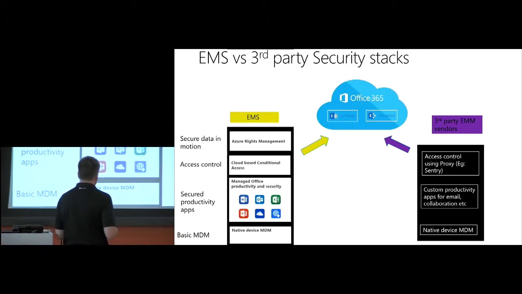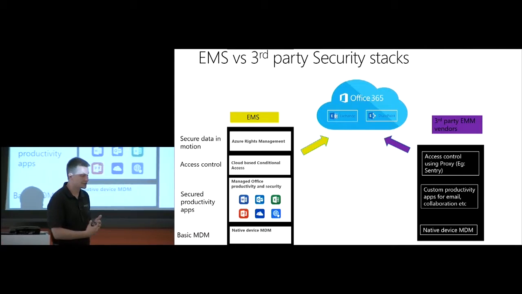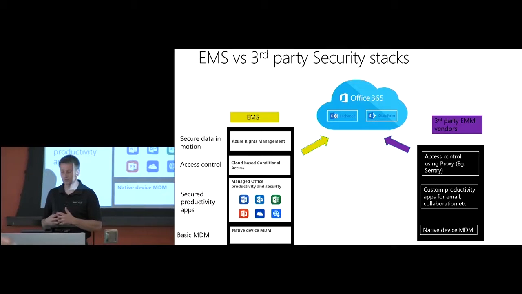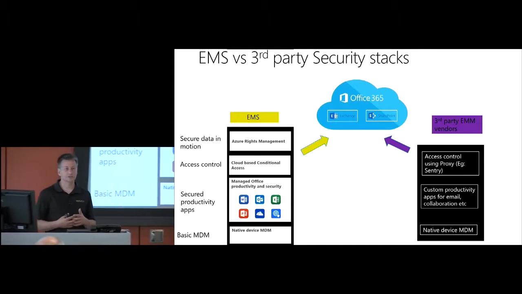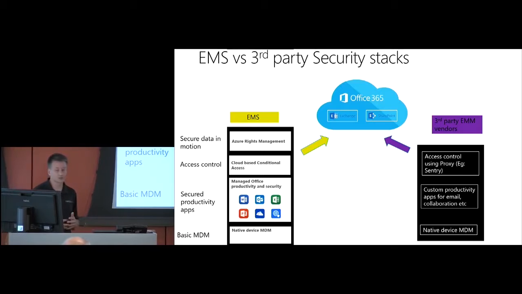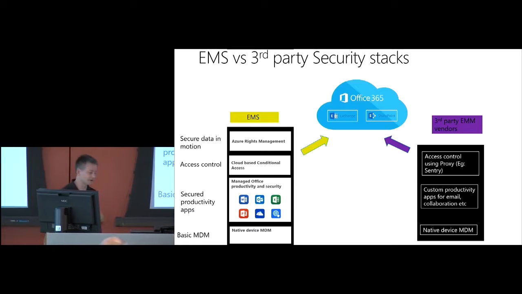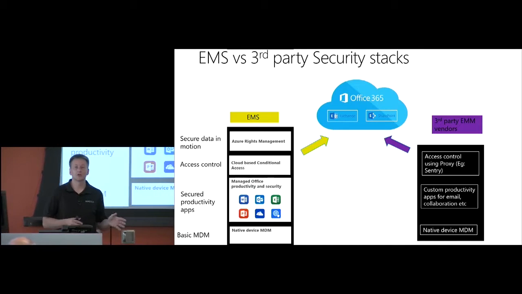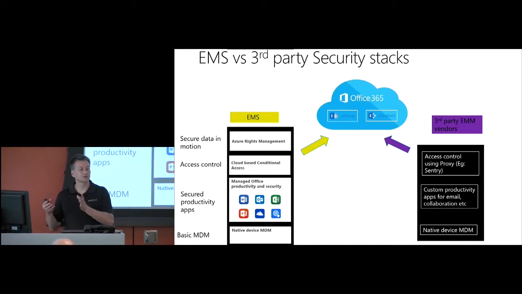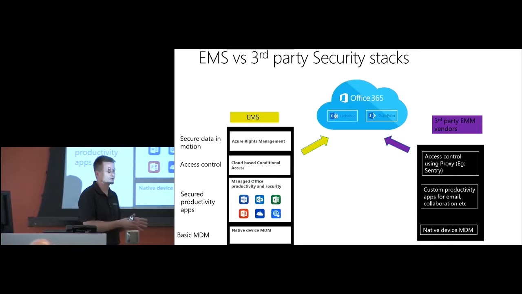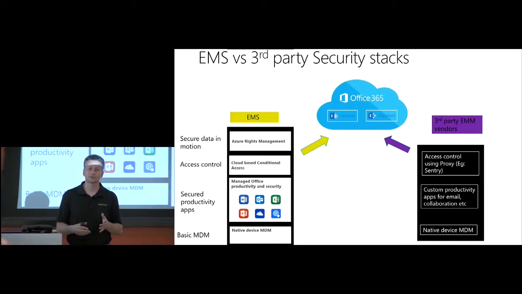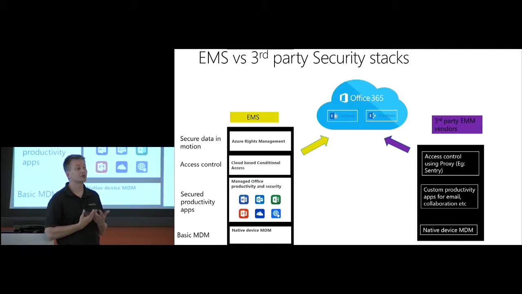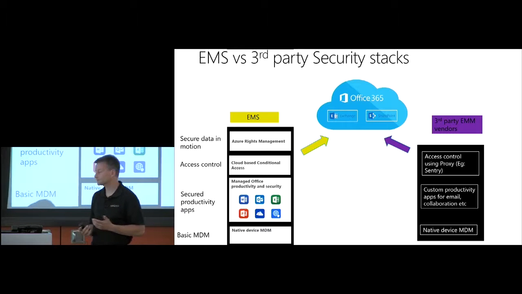We then move on to making sure that only authenticated users, and devices that are capable of securing that data, are able to access those resources. And then lastly, we're using Azure Rights Management, not just to protect the data as it's being used by your users, but also as you extend that to sharing with your partners, whether those are customers or vendors, you're able to protect security on the document itself.